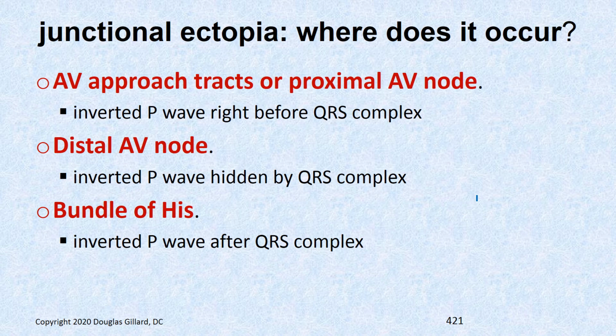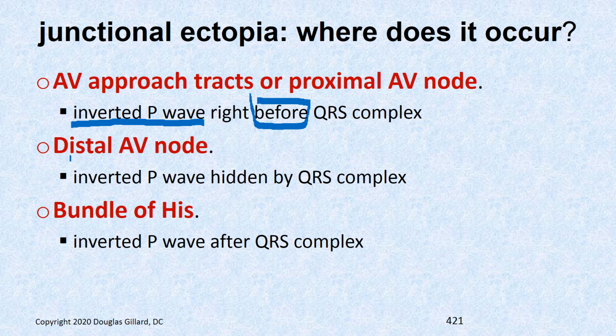Where does it occur? There are 3 places, and we can tell on EKG where it occurred. The AV approach tracts, or the proximal AV node, would give us an inverted P wave, which is visible before the QRS complex. Okay, so if it occurs in the approach tracts or the proximal AV node, which we just looked at an example of, it's going to occur right before the QRS complex.